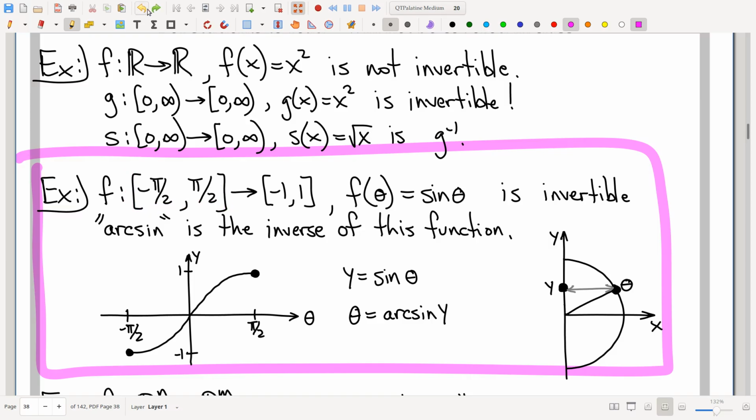Bad color choice. You have to restrict the domain to just these input values and restrict the target to just these output values. And now, sure, for every blue output, there is exactly one corresponding green input. That's invertible, but only because you restrict the domain and target.